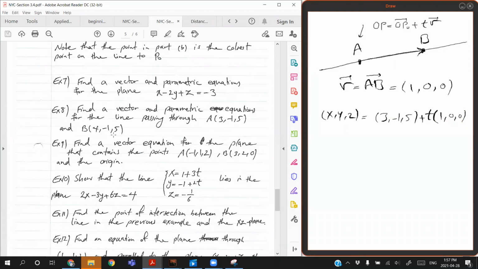And since it is asking us for the parametric equations, I'm going to separate the x, the y, and the z. X is 3 plus t, y is negative 1, and z is just 5.